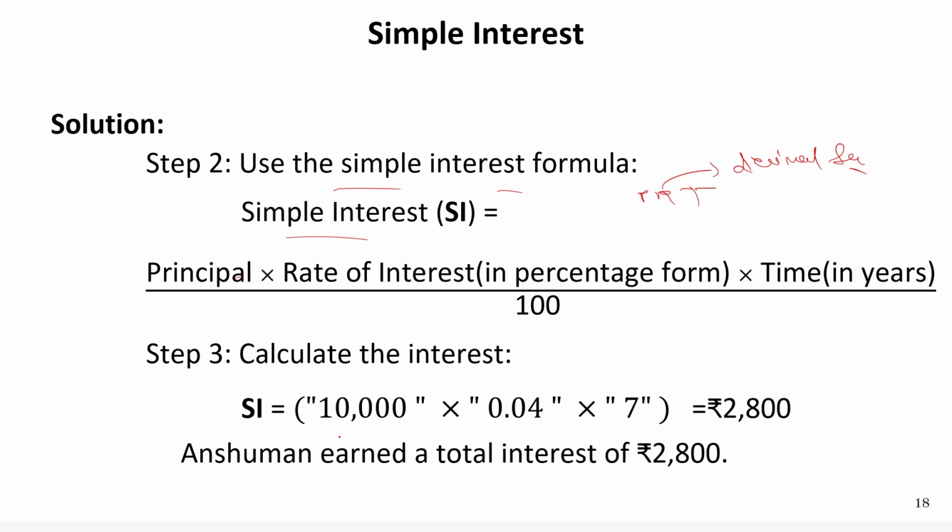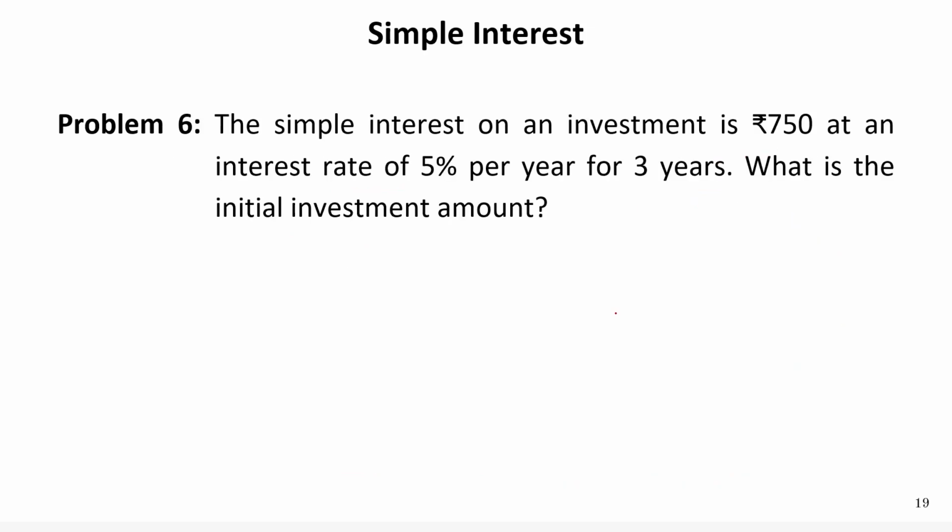So SI is equal to 10,000 into 0.04 into 7, that is equal to 2800. So Ansuman earned a total interest of 2800. We can also arrive at this solution via this method.